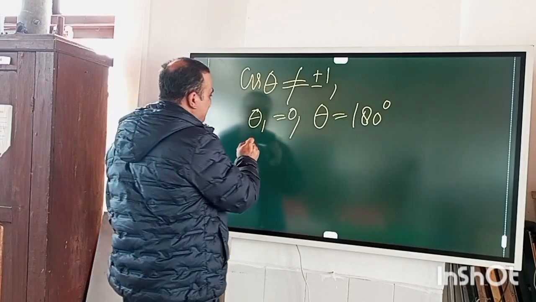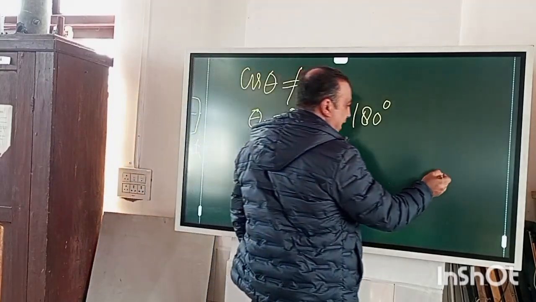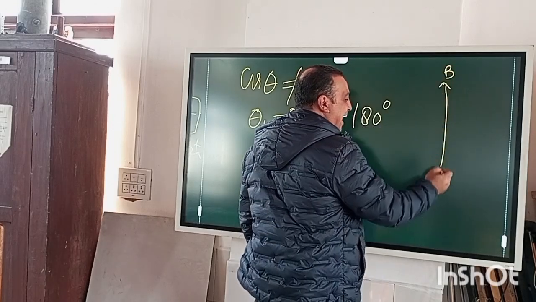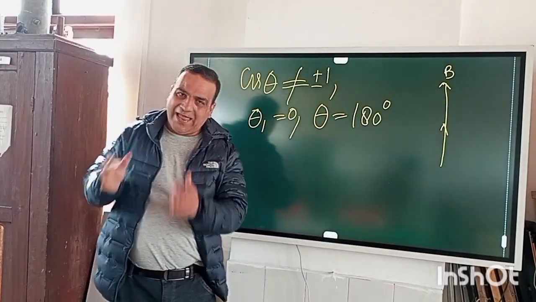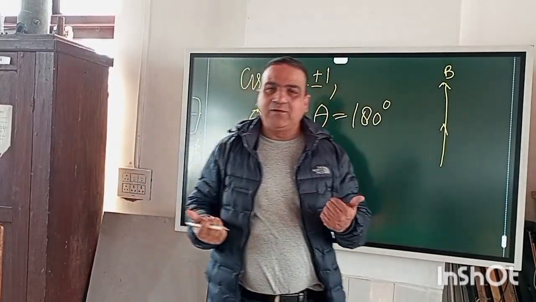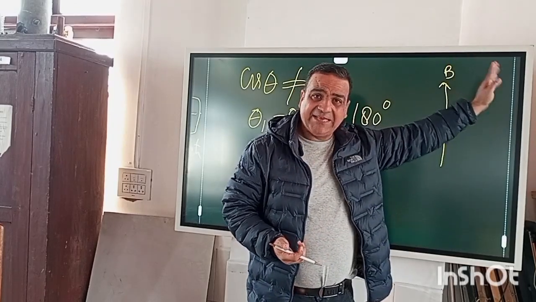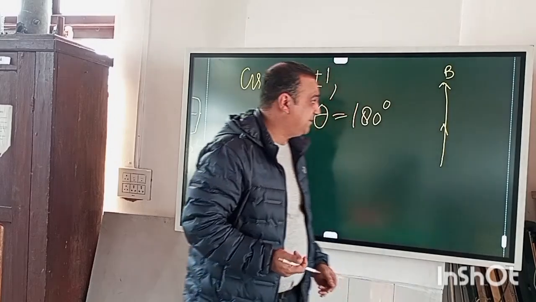So this means that you cannot have quantization when the direction of the magnetic field, suppose this is the magnetic field, and the angular momentum are in the same direction. If the applied magnetic field and the angular momentum are in the same direction, you will not obtain the value of quantization.